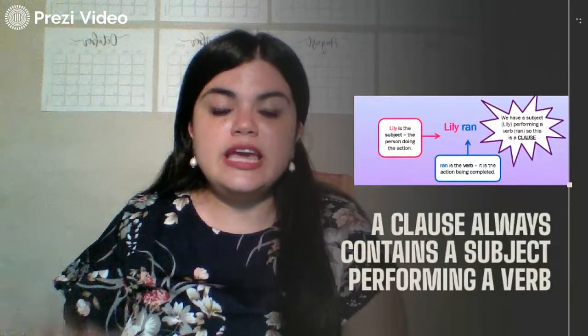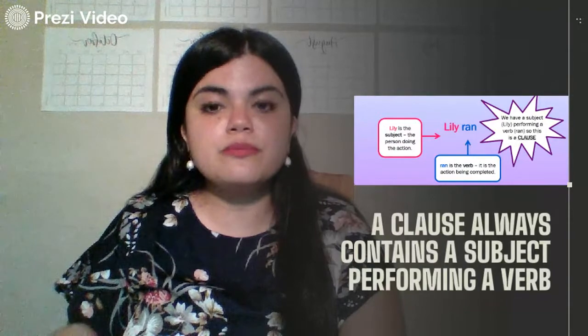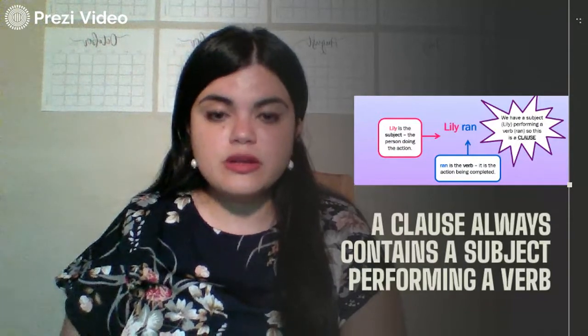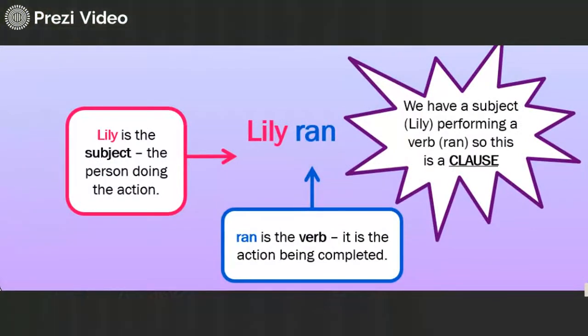It says a clause always contains a subject performing a verb. So let's see this example here. It says Lily ran. Simple sentence, very simple. Lily is the subject, the person doing the action, and ran is the verb, in this case the action being completed.